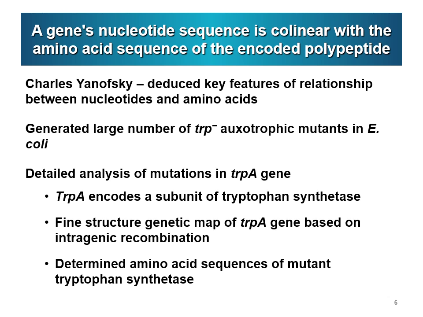So what he did was that he generated a large number of tryptophan minus auxotrophic mutants in E. coli. So let's look at the detail, the steps by which it was conducted. We know that TRPA is encoding the tryptophan synthetase.